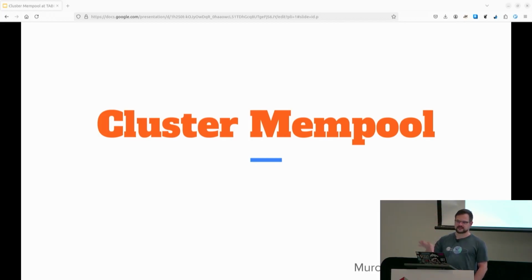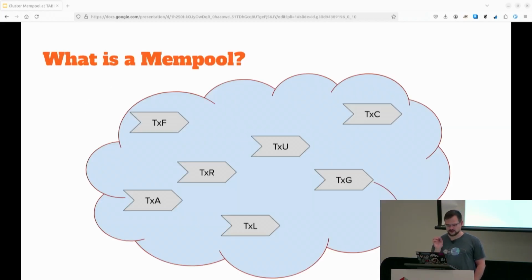So the idea is to re-architect how the mempool works. The mempool is a data structure, of course, that we use to keep track of all of the unconfirmed transactions that your node knows about, right?